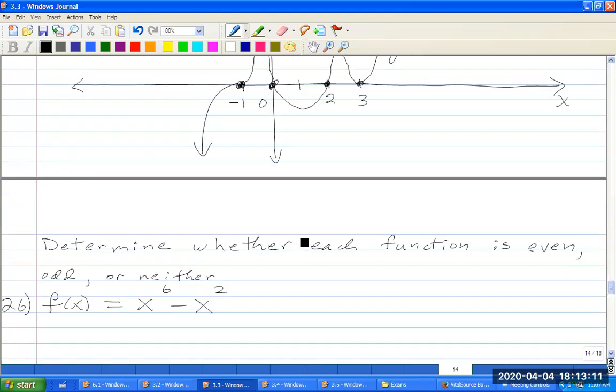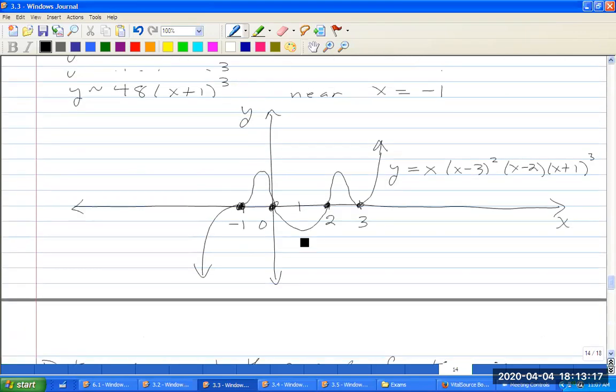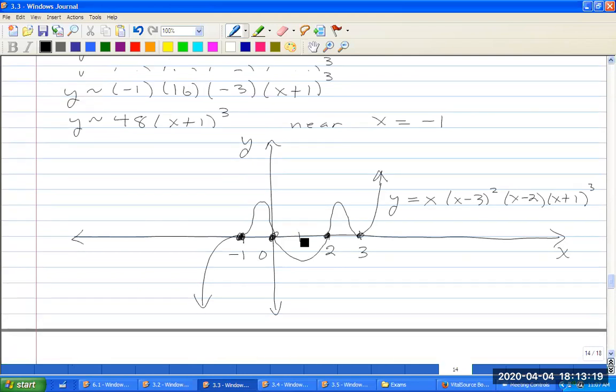Oh, okay. I have a question. Yes, what is the asymptotic behavior used for again? If you just look really close, so zoom in at 3, it looks like a parabola.